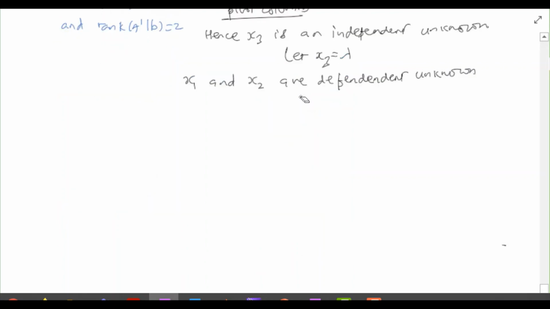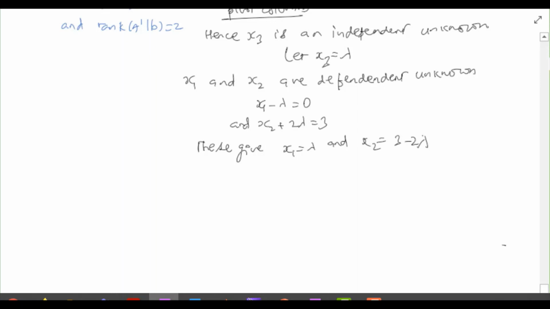The values of x1 and x2 depend on x3 as follows: x1 minus lambda is 0 and x2 plus 2 lambda is 3. These two equations together give x1 equals lambda and x2 equals 3 minus 2 lambda.